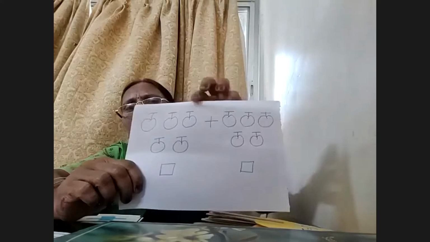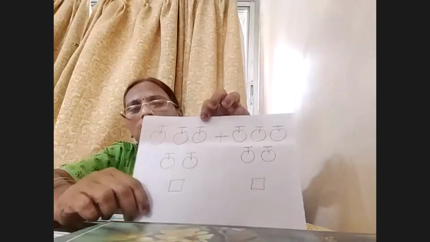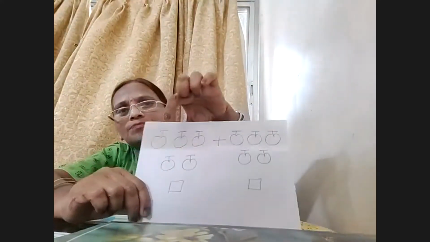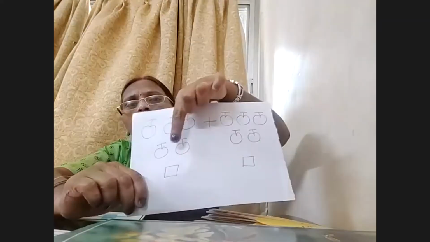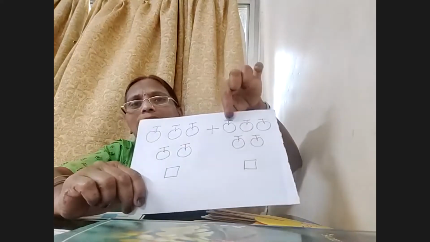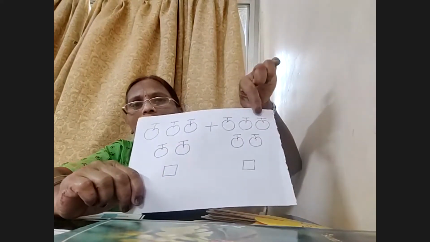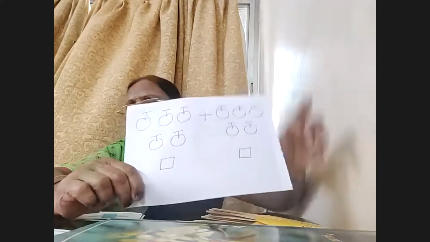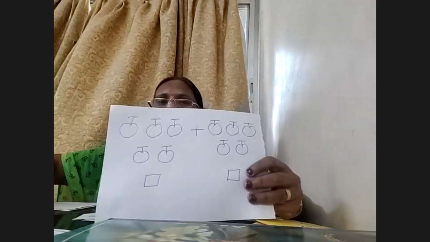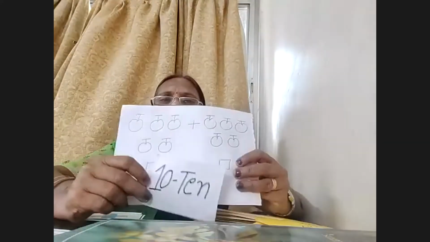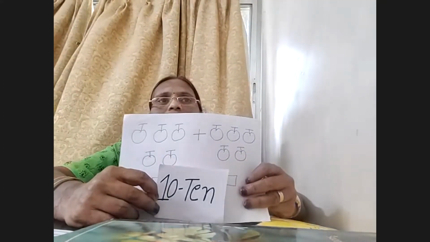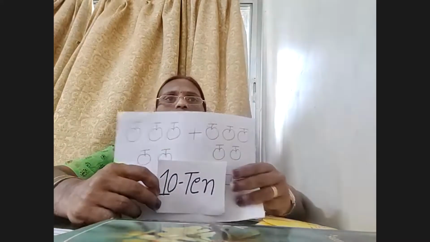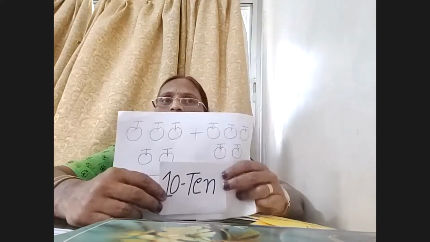Count together, beta. 1, 2, 3, 4, 5, 6, 7, 8, 9, 10. What is the answer? 10 apples. Very good. I will give you one more example.